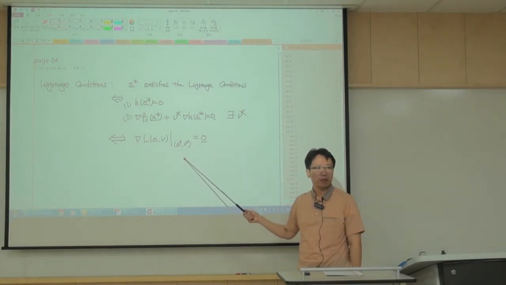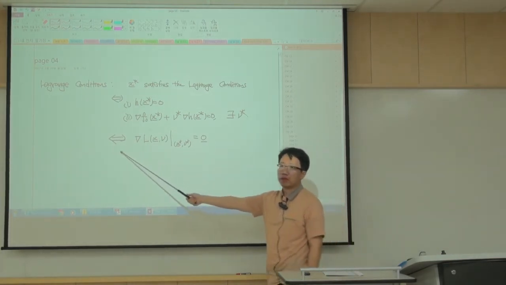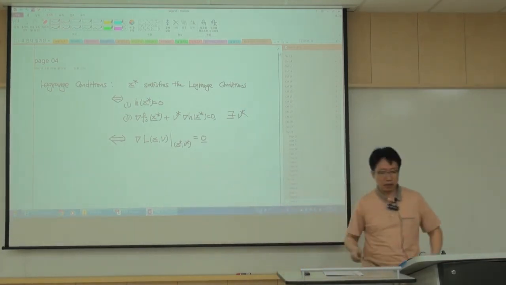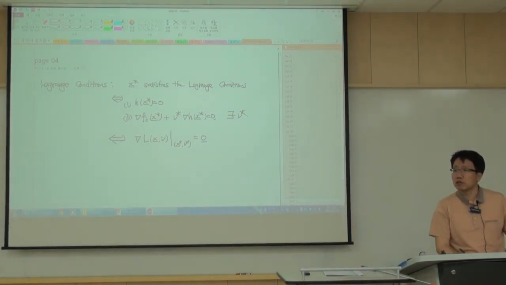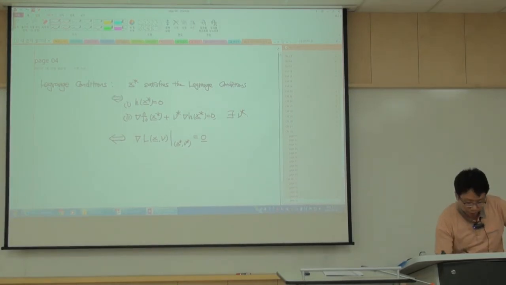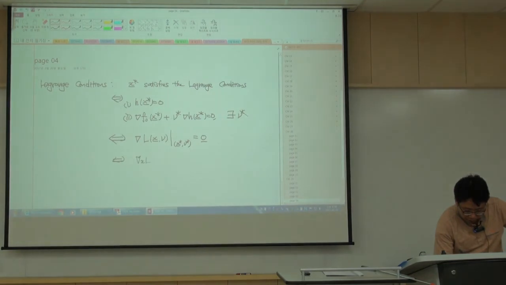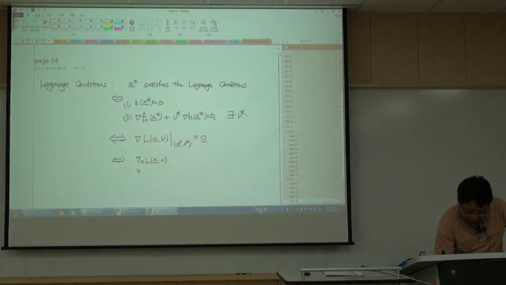I was also very confused when my professor stated the Lagrange conditions in this way. Now here, this gradient is not only with respect to x, but also with respect to nu. So what does that mean?